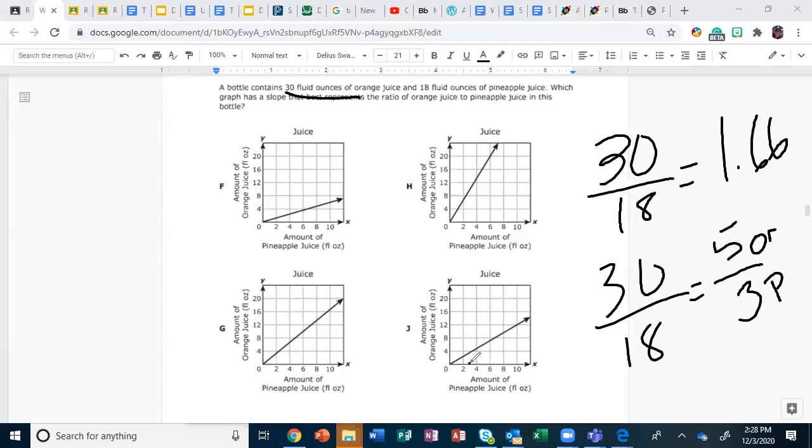3 is somewhere right here, right? If I look at 3 right here, it's something between 8 and 4. It could be, maybe. Now, if I look at 3 right here, it's something less than 4.